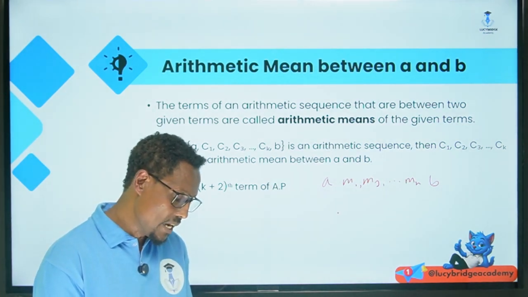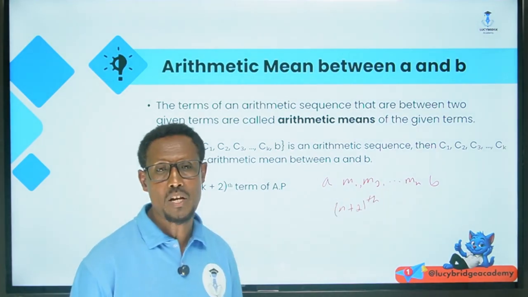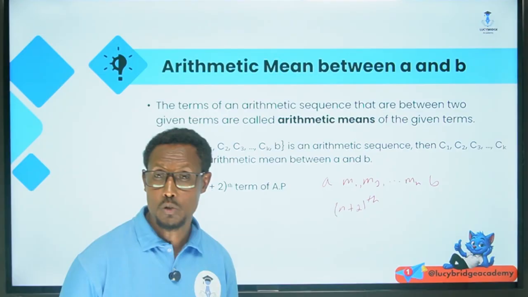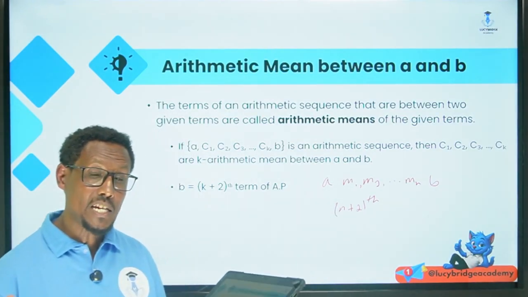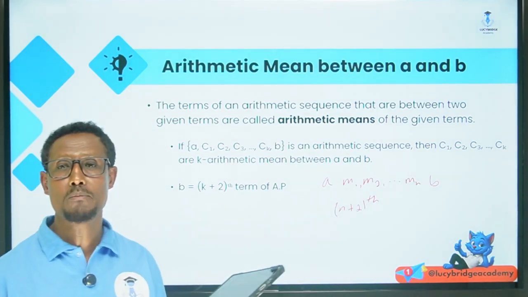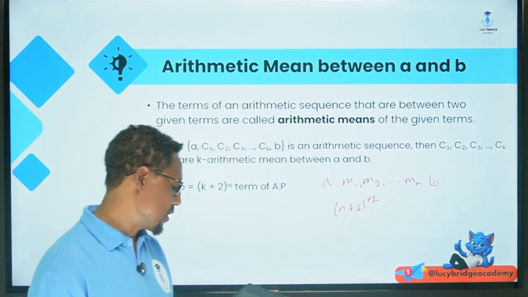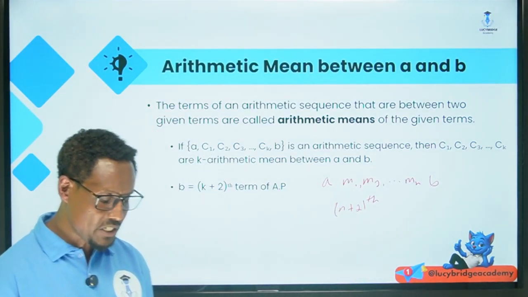That means N plus two terms. The total number of terms is N plus two. There are N terms between A and B, and A and B are another two terms. So the total is N plus two terms ይኖረናል ማለት ነው። This is an arithmetic sequence.